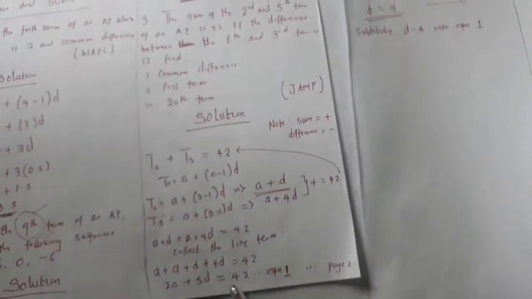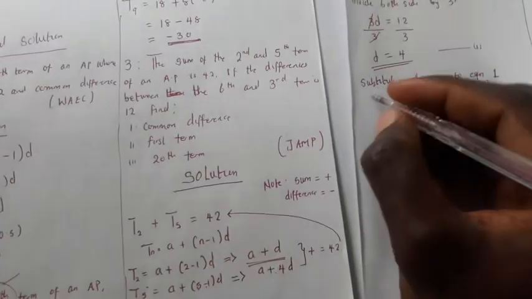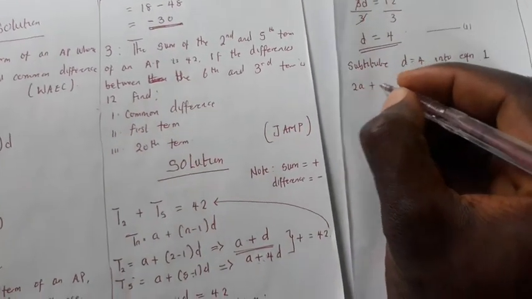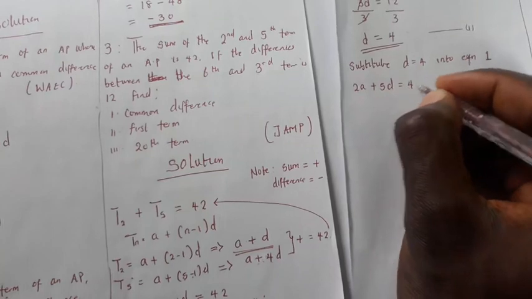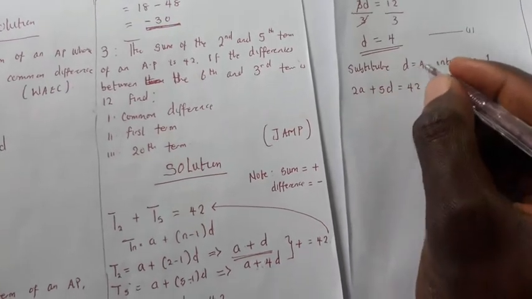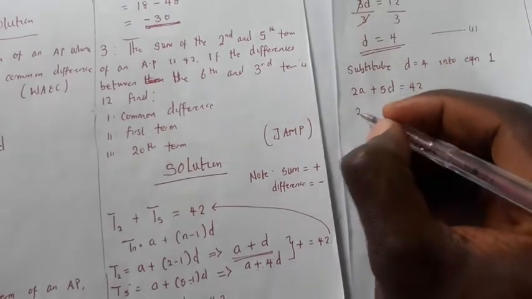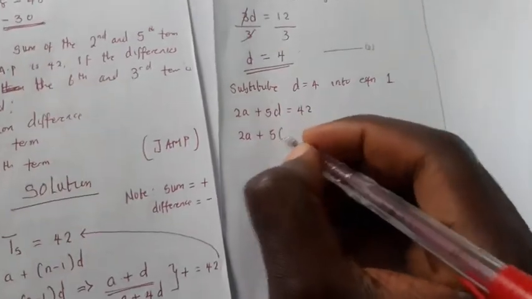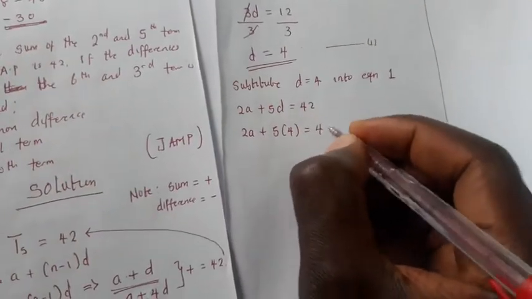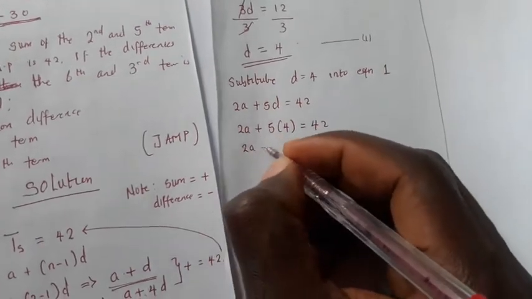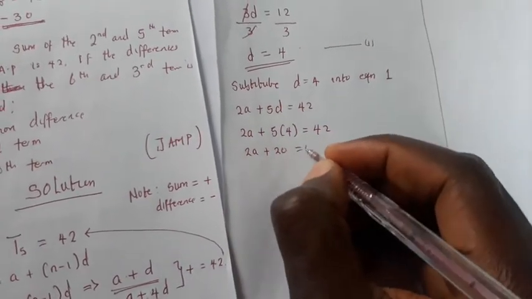Our equation 1 states 2A plus 5D equals 42. So let's put 4 in place of D here. It will be 2A plus 5 multiplied by 4 equals 42. This is 2A plus 20 equals 42.